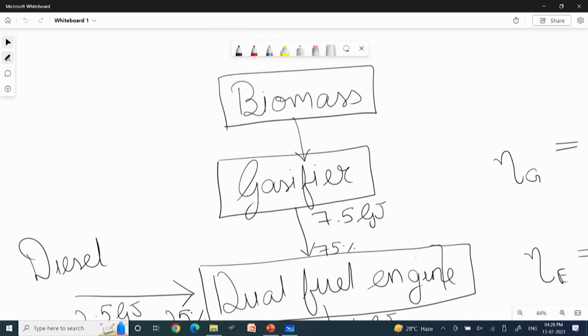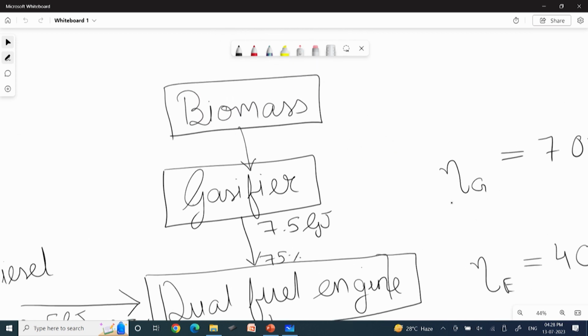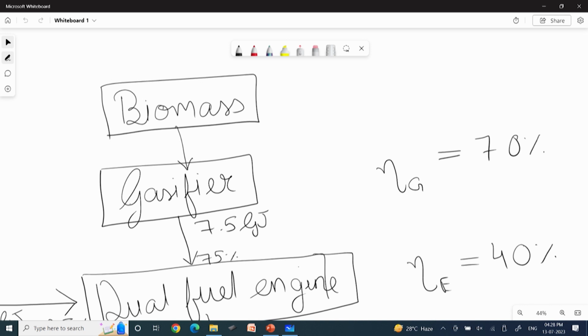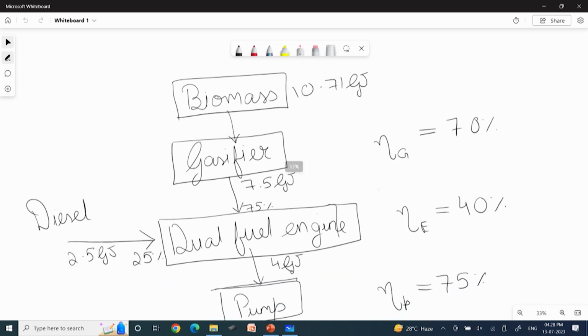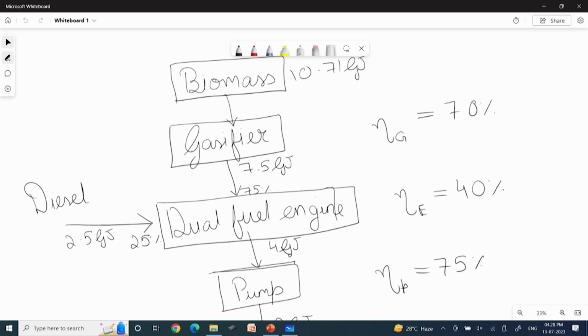And given the efficiency of the gasifier of around 70%, the input biomass should have a calorific value of 10.71 gigajoules. So, again let me repeat, biomass with an input energy or calorific value of 10.71 gigajoules goes to a gasifier and produces around 7.5 gigajoules of energy in terms of the syngas calorific value.